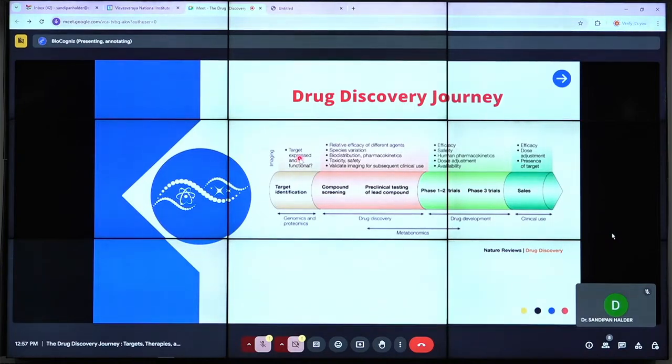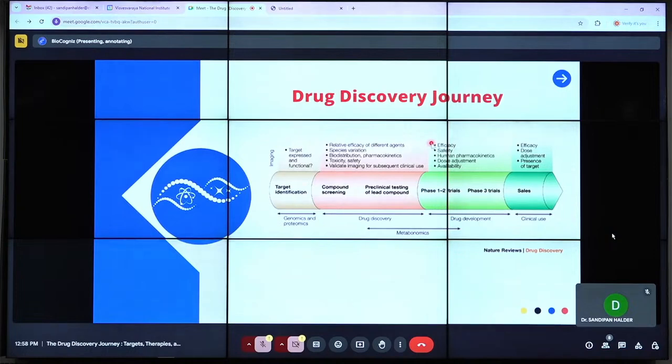When you are working on multiple organisms or multiple individuals, it will vary. It won't be the same, because genotypically and phenotypically we are different. That's where pharmacogenomics plays an important role, and NGS also plays an important role. The side effects come in there, as well as the fact that we have a lot of similar proteins.